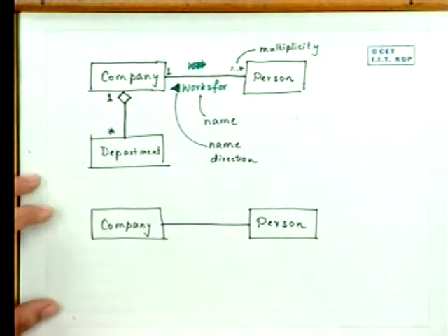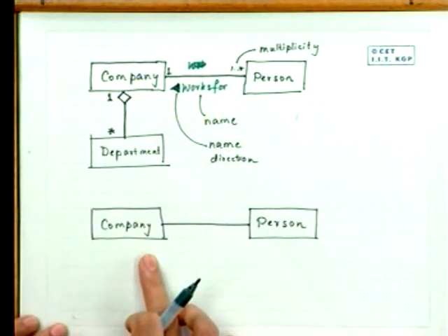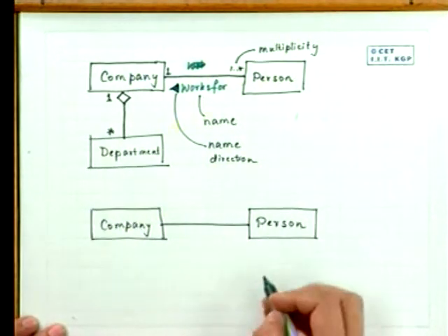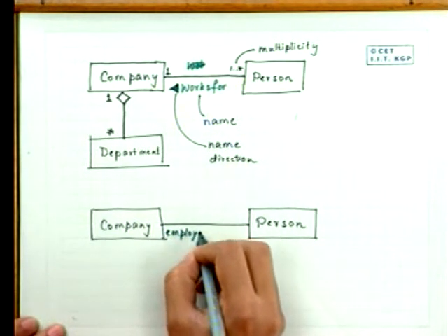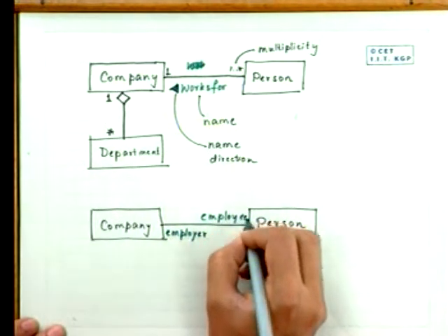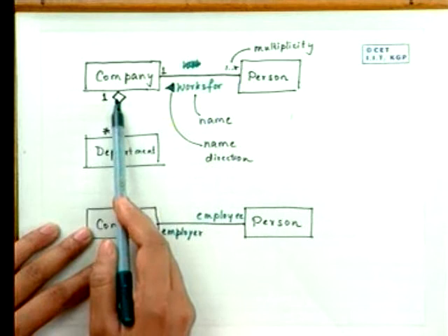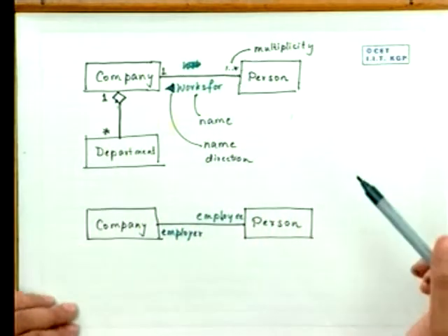We say that the role of the company is the employer and the role of the person is the employee. So we write employee on this end, the employer on that end. So we have looked at 4 types of adornments. One is the aggregation adornment, the name, the role, and the multiplicity.